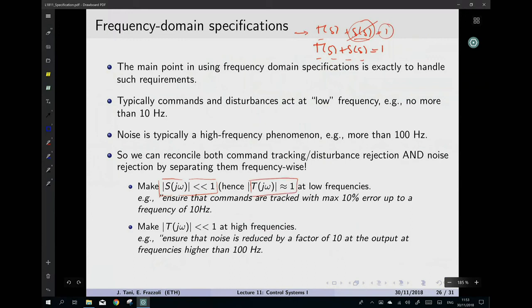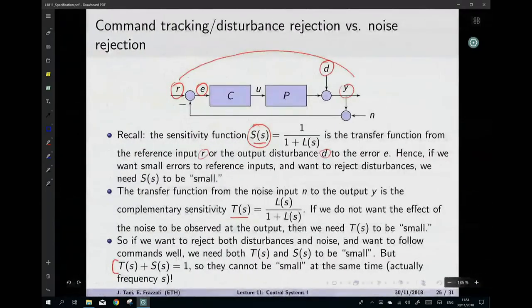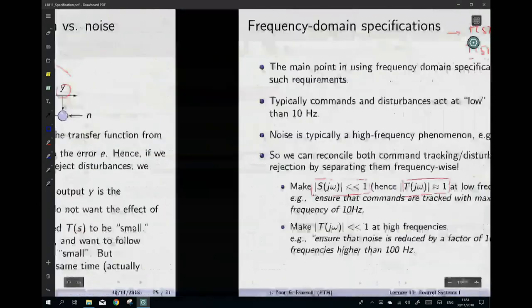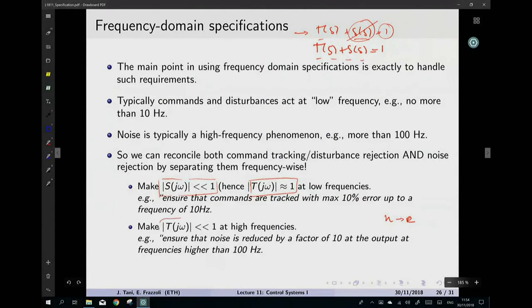Well, if we want to have noise rejection, it means that the transfer function between the noise and the error, for example, has to be very small. And this is a constraint on the complementary sensitivity function, which means that since this transfer function is regulated by T(s), we want this to be very, very small at some frequencies.